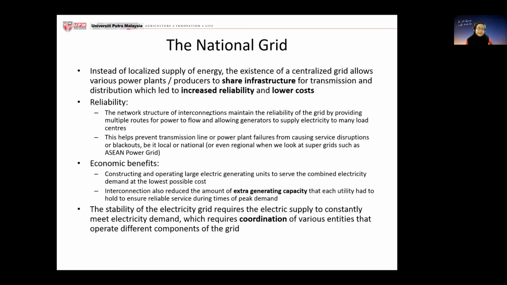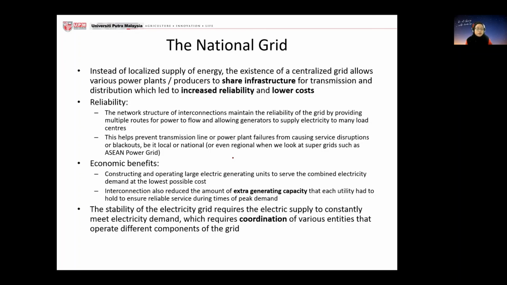And you can allow various generators to supply electricity to many load centers. It doesn't necessarily mean you have one specific generator for one place. You can make use of different ones across the country. And then the economic benefit is that you can operate larger units to serve combined electricity demand at the lowest possible cost.